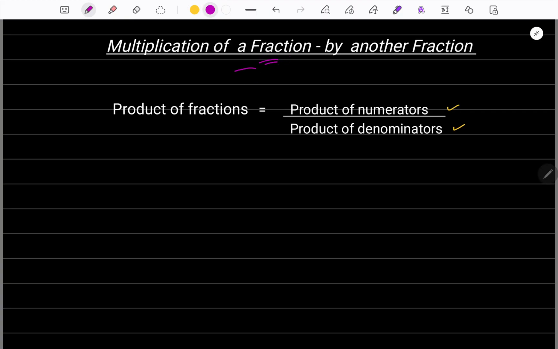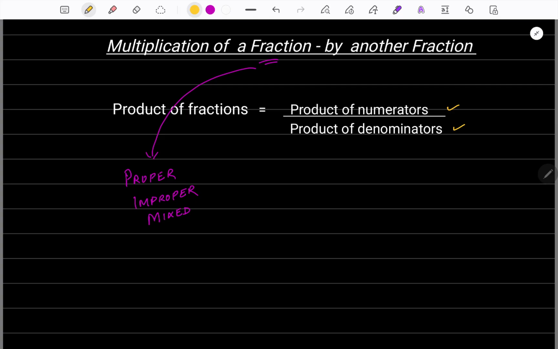Here the word fraction can be used for a proper fraction, an improper fraction, or even a mixed fraction. No matter what kind of fraction we have, the method of multiplication remains the same. That is, we find the product of the numerators and divide it by the product of its denominators.